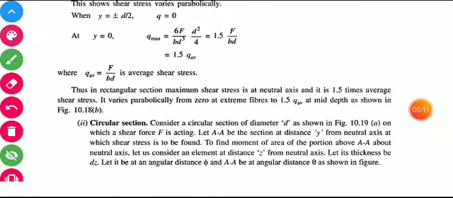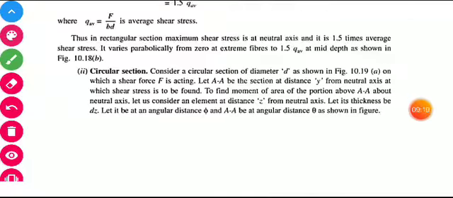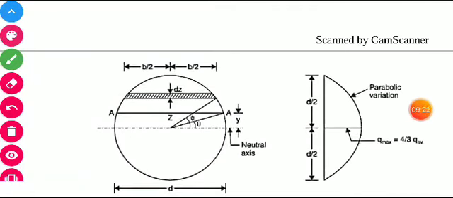I give one assignment to you: try the circular section, similarly. I give some hints. This is one circular section.